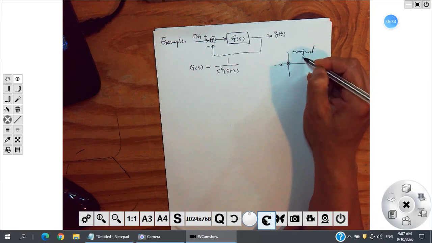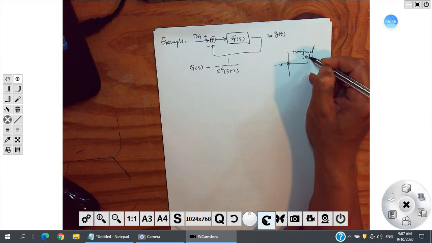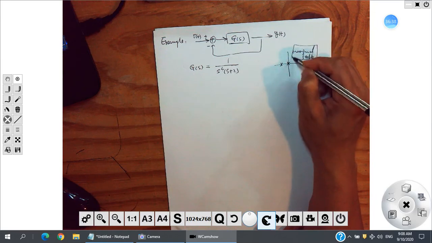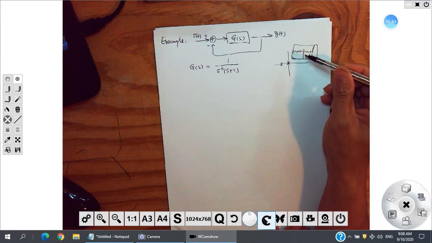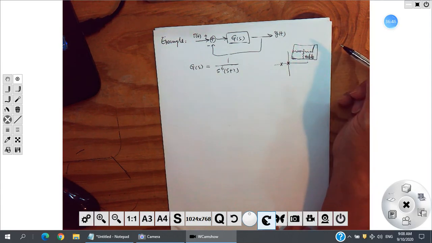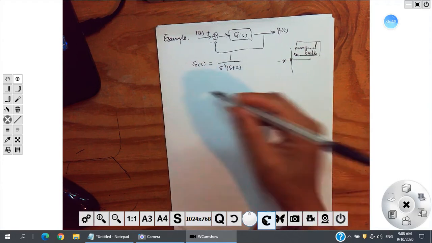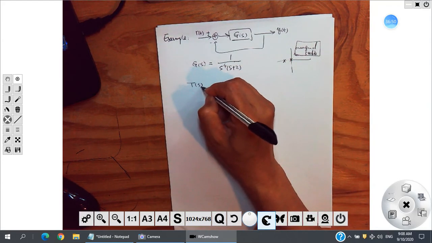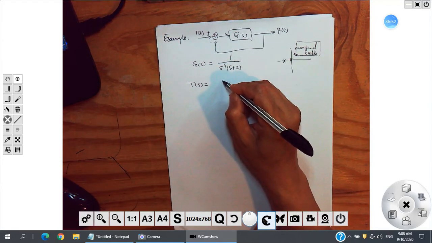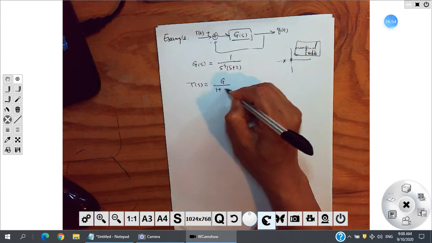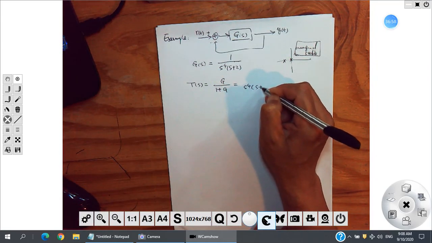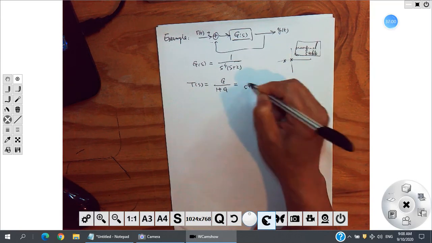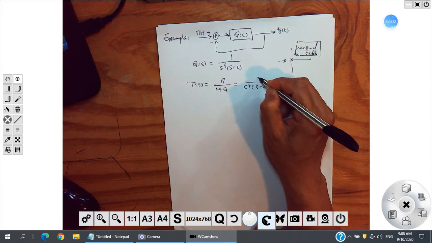Marginally stable means for some inputs it is stable, with a bounded output, but for some other inputs the output will go to infinity, right? Okay. Now T(s) is G over 1 plus G, which is 4 over s times (s plus 2) plus 4. The numerator is just 4.